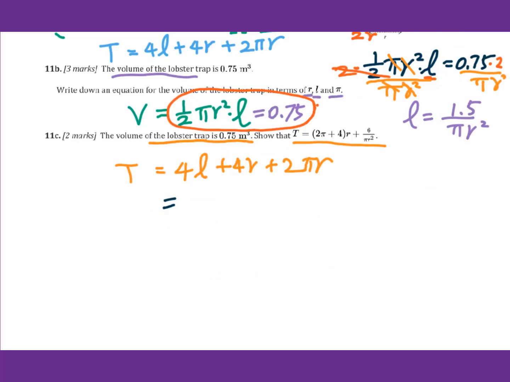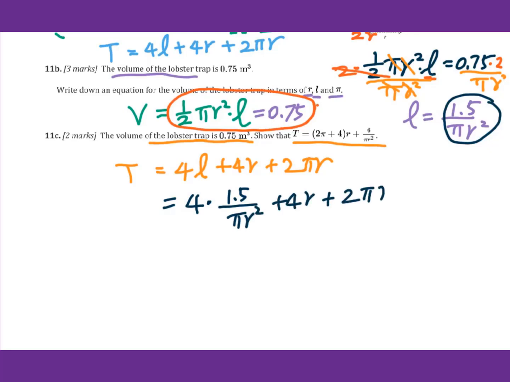Then we will substitute this L by using 1.5 over pi r squared. So we have 4 times 1.5 over pi r squared plus 4r plus 2 pi r. So we get 6 over pi r squared.